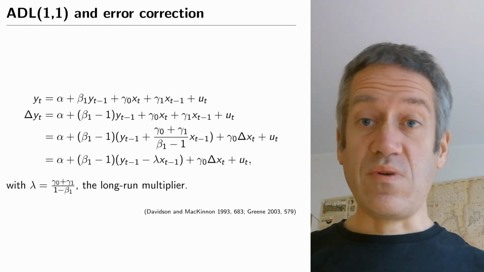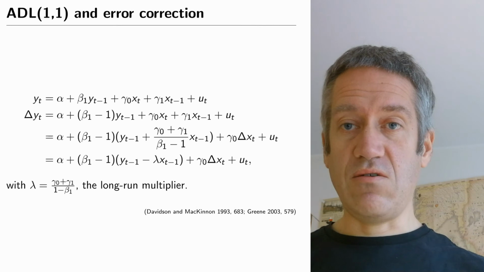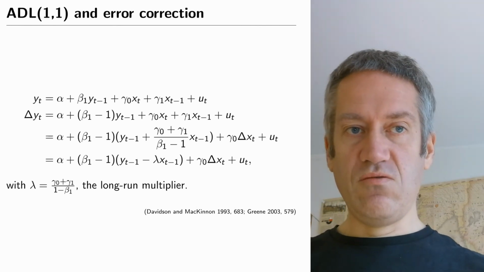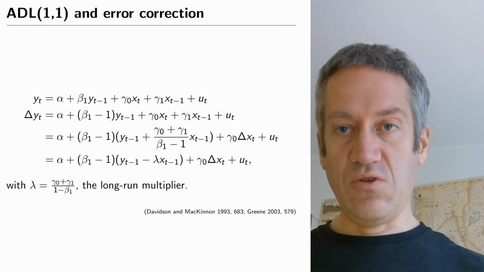It is possible to rewrite the regression equation. So even though you estimate the equation here on top, you can rewrite the result as follows, and then directly in the equation is built in this long-term multiplier.